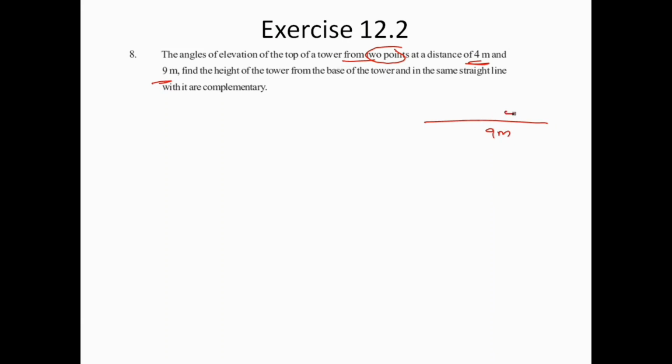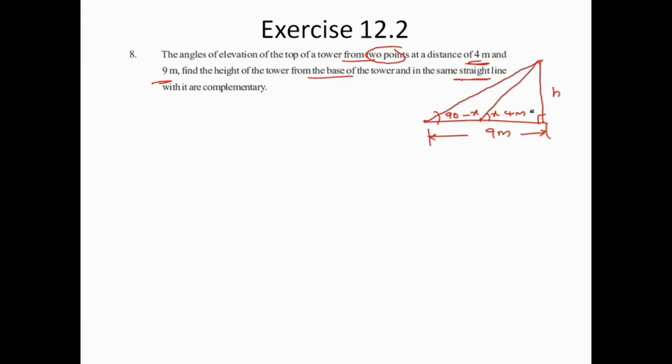Okay, and the height of the tower, whose base and the points are in the same straight line, are complementary angles. If I take this as your height h and this as your required point, this is your angle x and the other angle is complementary. The sum of complementary angles is how much, you know, right? As it is 90, this is 90 minus x.